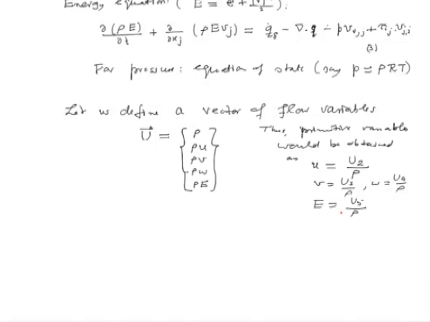So this capital U is a vector which has got 5 components, and in terms of U we can collect all these equations together.